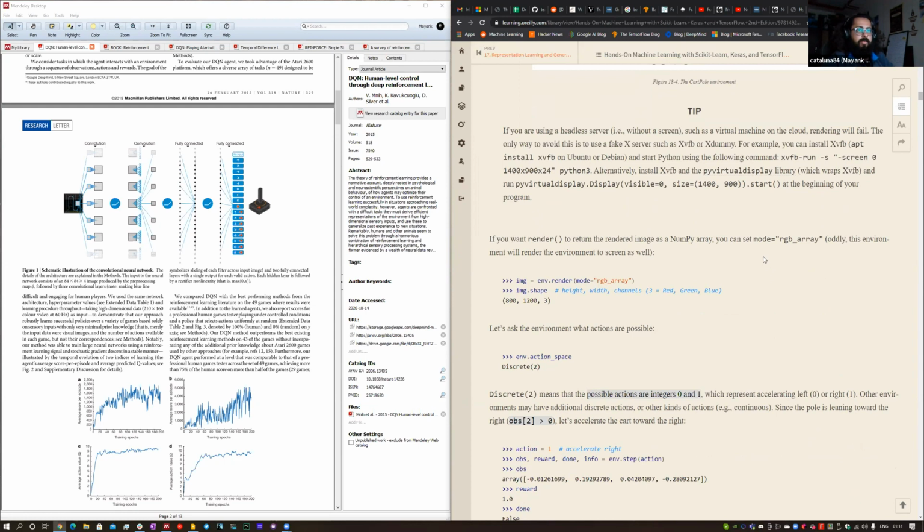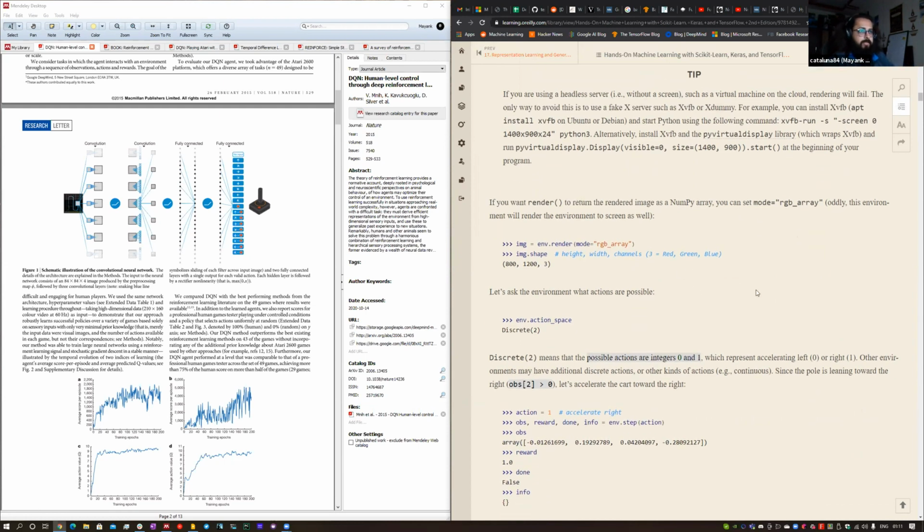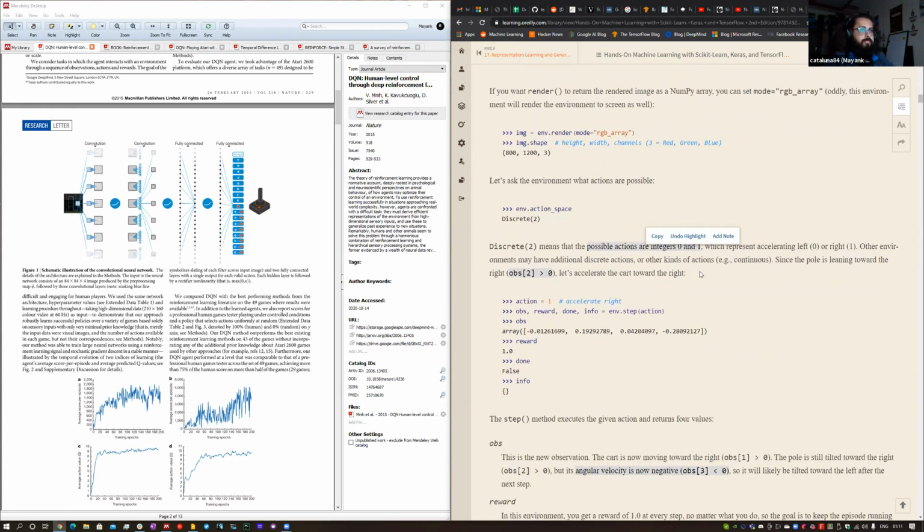What they have done here is set the mode as rgb_array and render it at this size. Then they ask the environment what actions are possible.